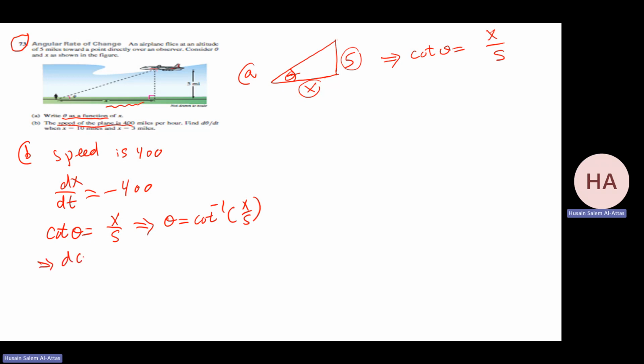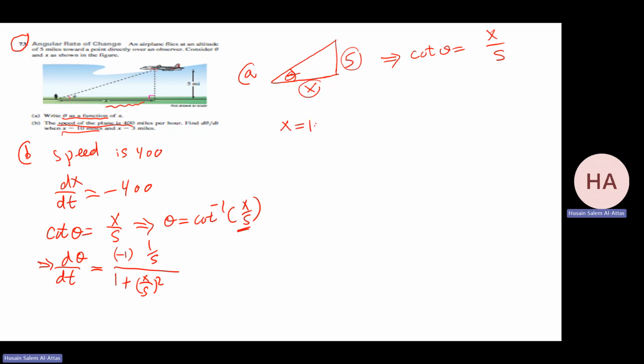So that implies d theta by dt equals what? Don't forget there's a minus sign. Here I have 1 plus (x over 5) all squared, times the derivative of this, which is 1 over 5. So he said x equal 10.